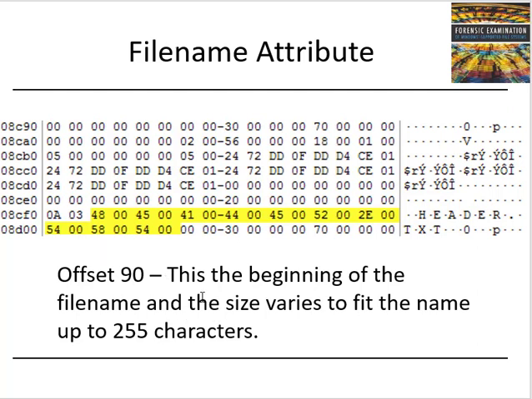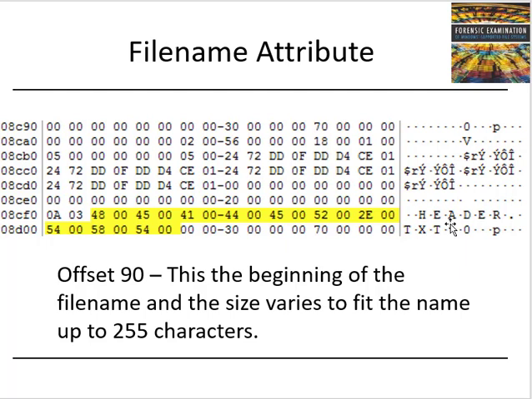And here is the name itself typed out: HEADER.TXT. And so that's our name. That's really the only thing we care about out of this attribute, the file name itself.